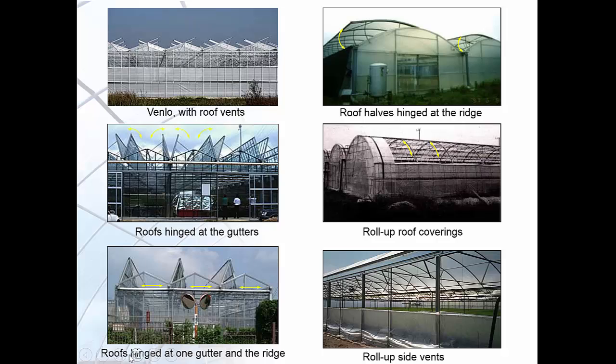Another type could be roofs hinged at one gutter and at the ridge, and also roll up side vents, as you can see in this greenhouse design. But there are other types of greenhouses with naturally ventilated designs and configurations.